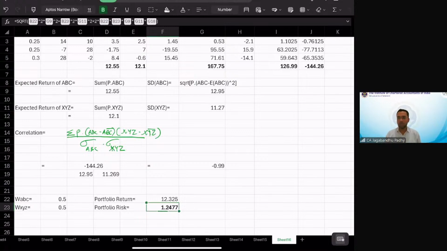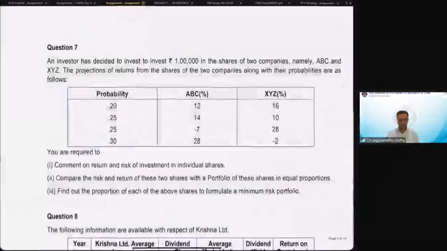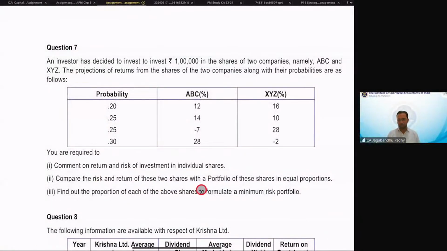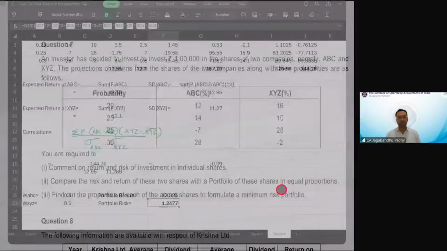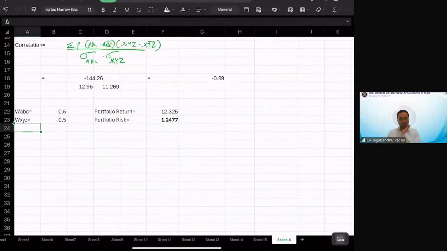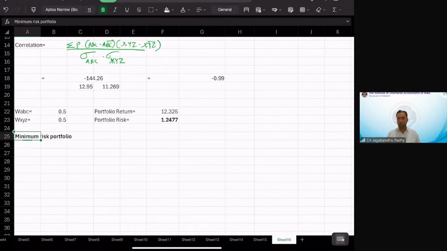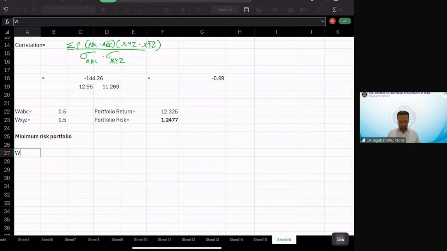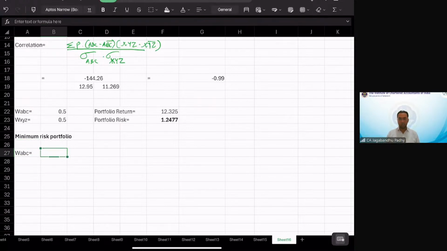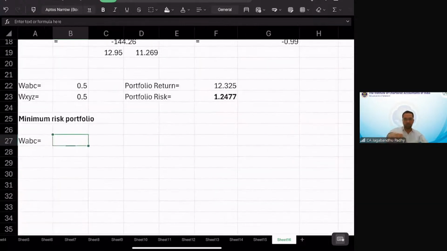Then the next part of the question is to find out the proportion of each of the above shares to formulate a minimum risk portfolio. You remember the minimum risk portfolio formula? You have to compute the weightage of ABC. How do we compute the minimum risk portfolio weightage of ABC?